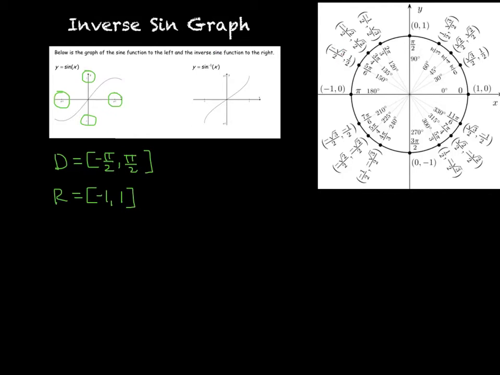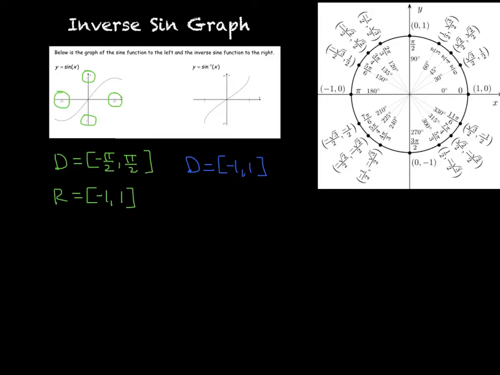Well, we know from earlier in the year that when you do an inverse, it's going to switch. So for the inverse sine, the domain is going to be negative 1 to 1. In other words, the only numbers that you can plug into the inverse sine are going to be between negative 1 and 1.